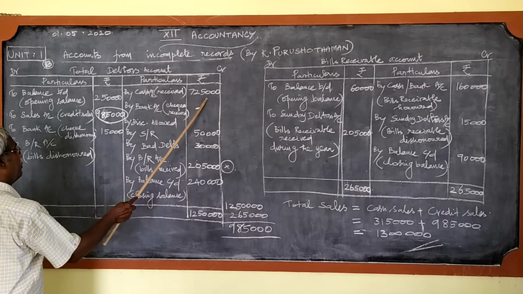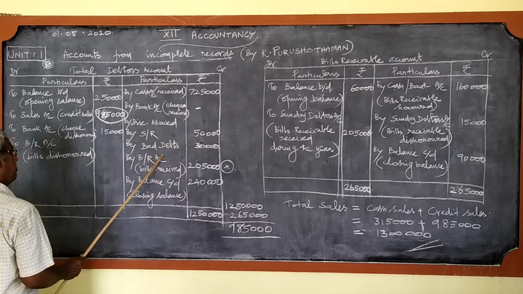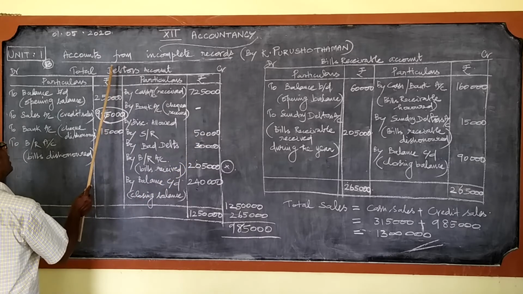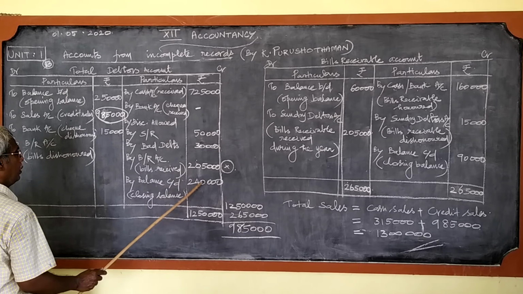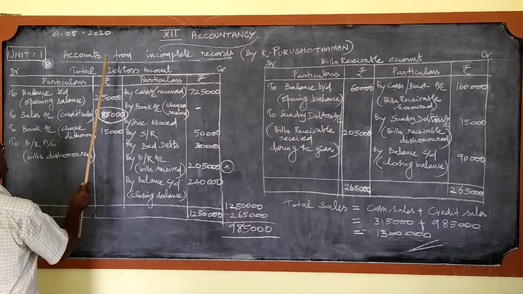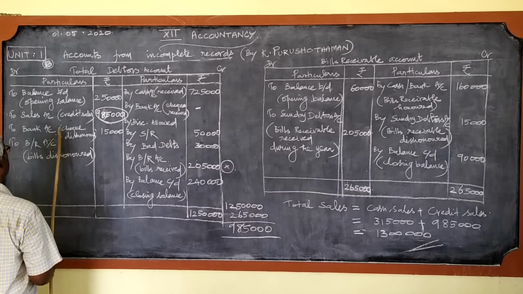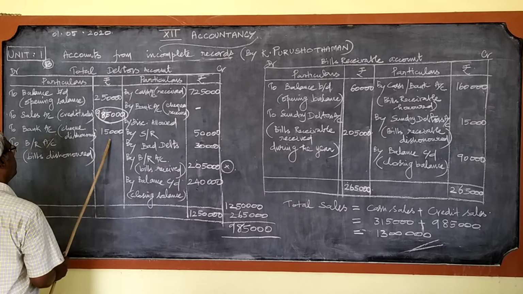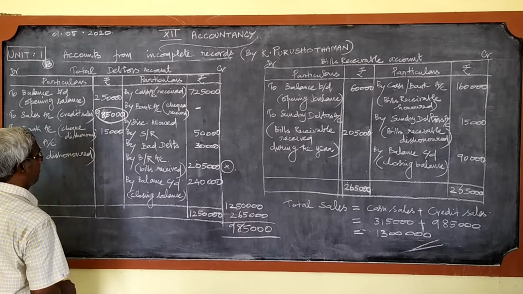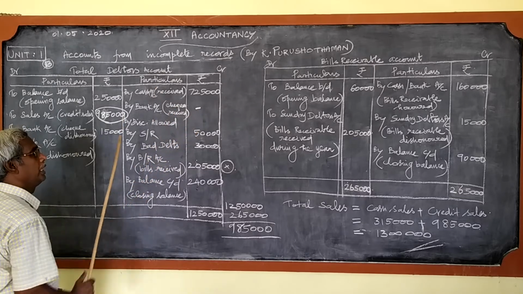This cash received you can fill it, and the sales return, bad debts, and the closing debtors, year end debtors, 2,40,000 you can fill it. And the beginning of the year amount of debtors, that is opening debtors, we can fill it. And the dishonored amount 15,000, that also we can write here. Now, the check received is not given, and therefore put a dash.